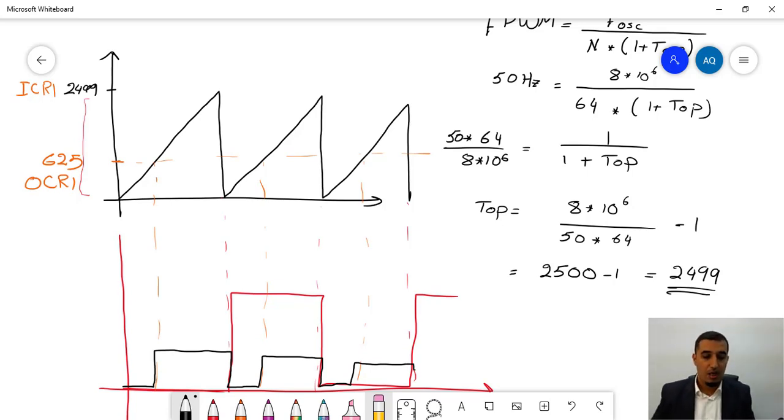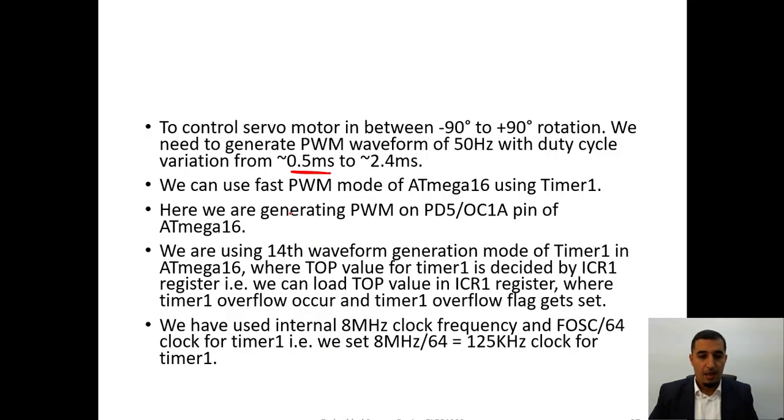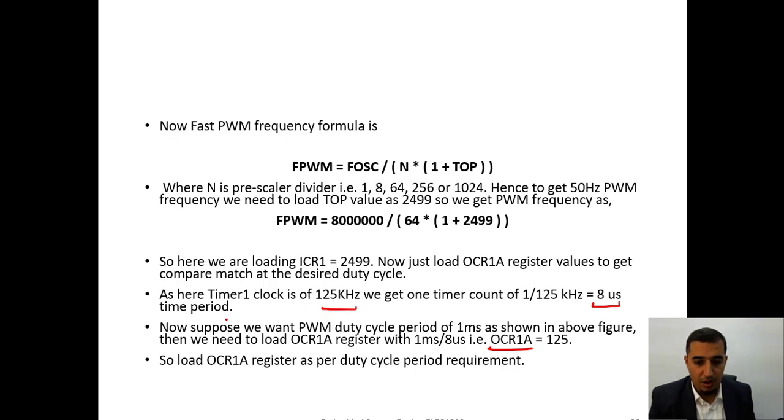So the signal now has a frequency of 50 hertz and a duty cycle of 0.5 milliseconds over the total period of 2 milliseconds. Okay, so this is what we need to do.